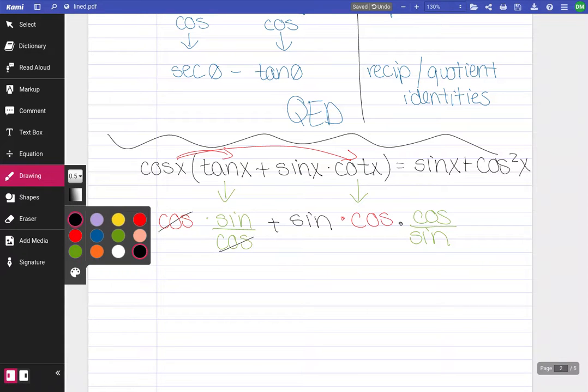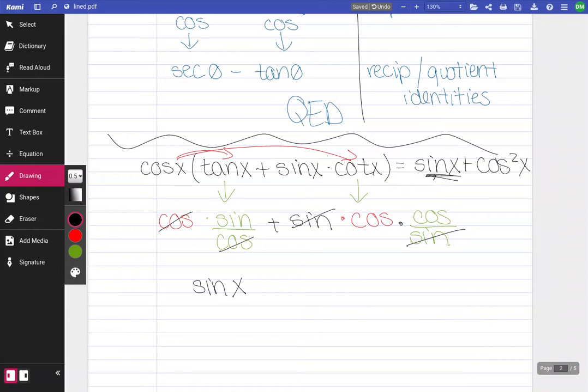Now, the thing I tend to point out to students is those cancel and these cancel. So I'm left with sine of x, cool, what I wanted, and then plus cosine squared of x.